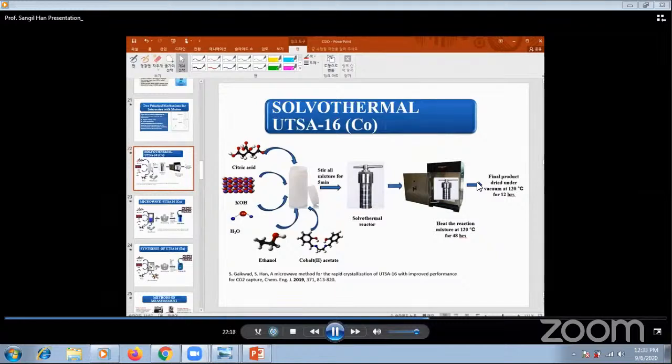In the solvothermal synthesis method, citric acid, KOH, ethanol, and cobalt acetate were mixed together, and then reacted in the autoclave solvothermal reactor at 120 Celsius for more than 48 hours. So it requires quite a long reaction time.